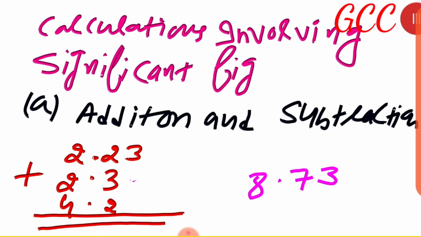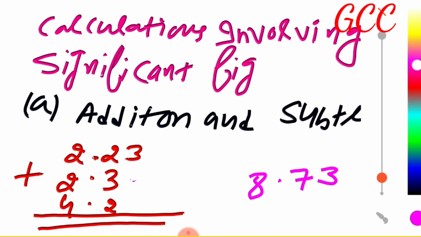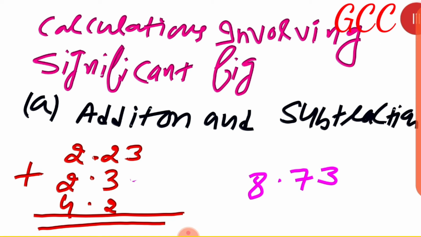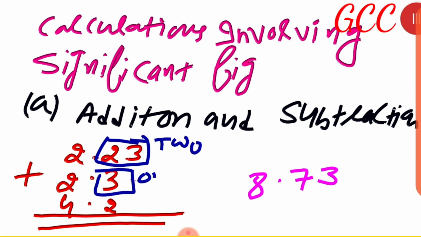8.73. Okay, now how to find out the significant figures over here? You see please, here after decimal, how many digits? Yes, 2 digits. Here how many digits? 1 digit. Here how many digits? 1 digit. So which is the least one? Least digit is 1.